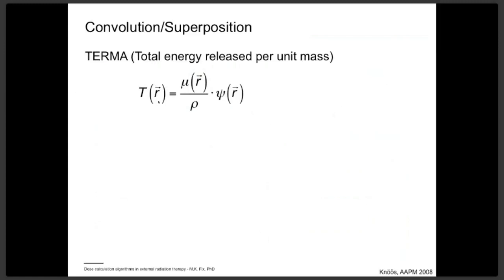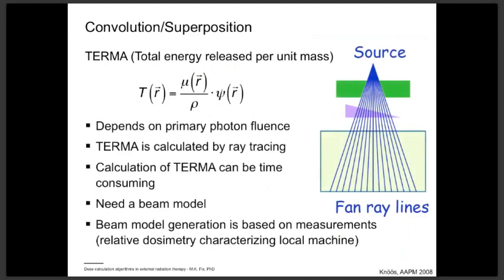So this terma in the point R depends on the primary photon fluence, which is sketched here. Typically, the terma is calculated by ray tracing from the source. There is a description of the beam characteristic in terms of energy fluence, and those get ray traced to the calculation volume, and at each point of the calculation volume you then determine this terma T by calculating the energy fluence and weighting it by the linear or mass attenuation coefficient.